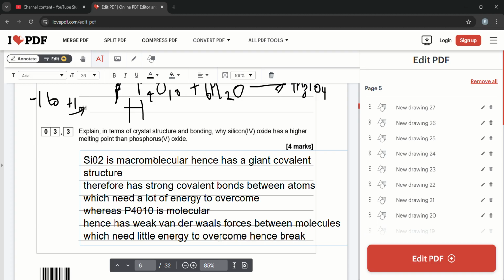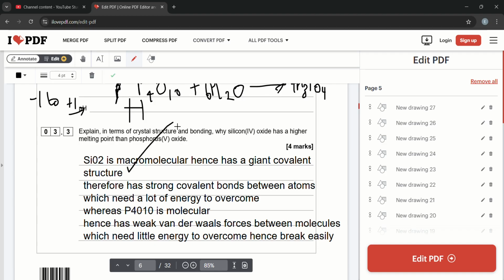Hence break easily. Classic question. Structure and bonding. Silicon dioxide is macromolecular, aka giant covalent structure. Therefore, strong covalent bonds between atoms which need a lot of energy to overcome. Whereas P4O10 phosphorus oxide is molecular, a simple covalent molecule, hence has weak van der Waals forces between molecules which need little energy to overcome, hence break easily.